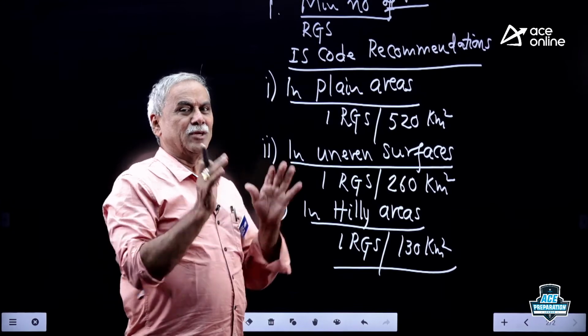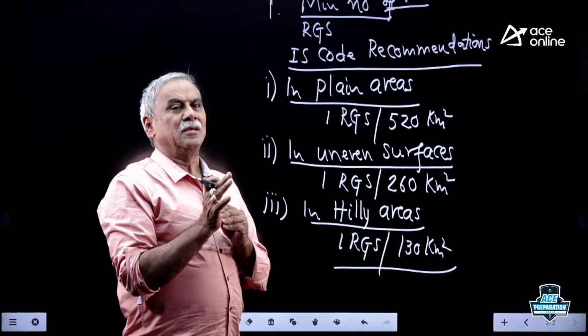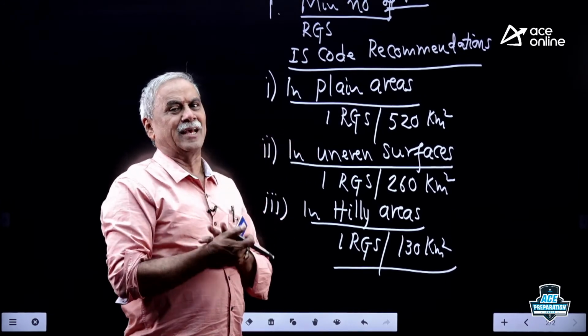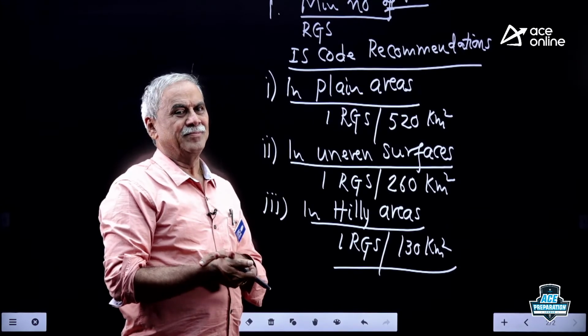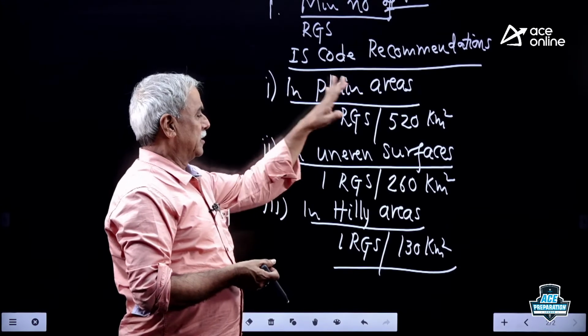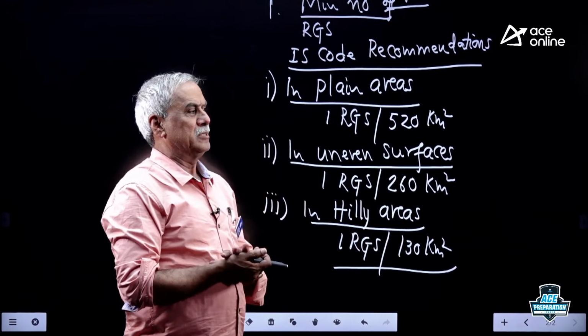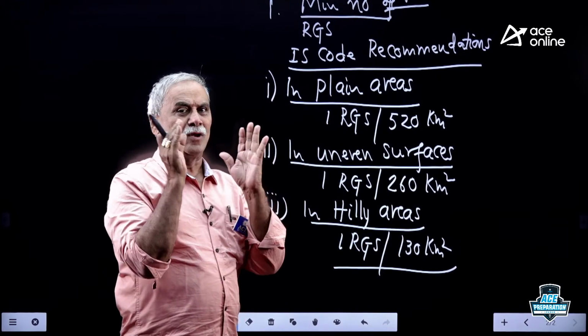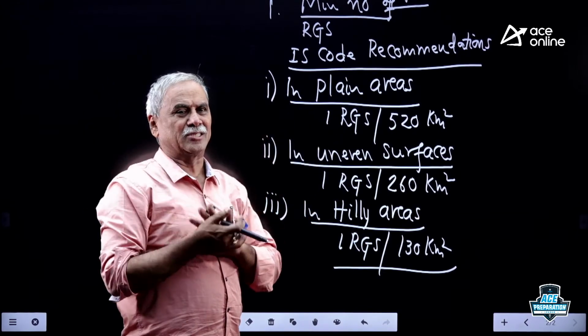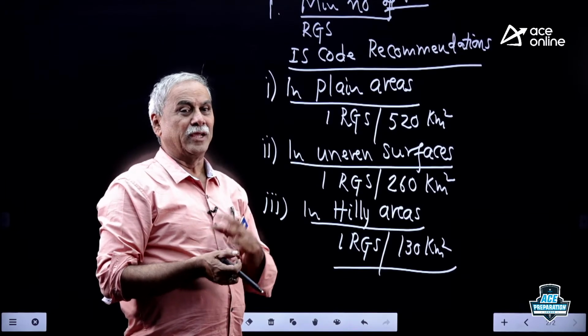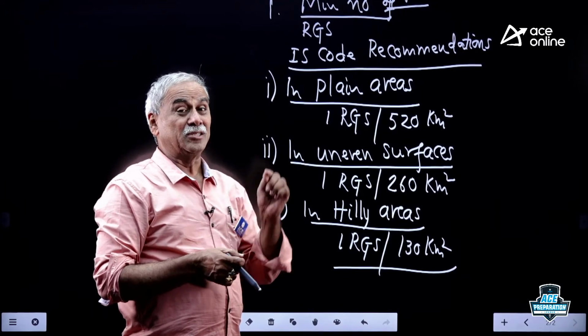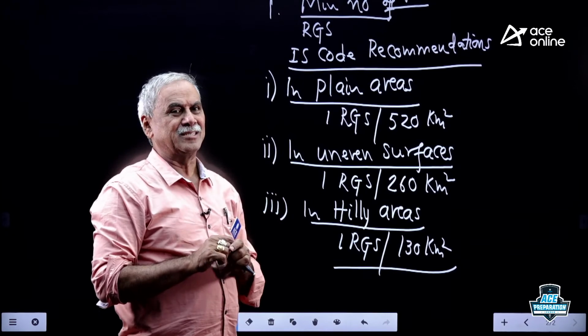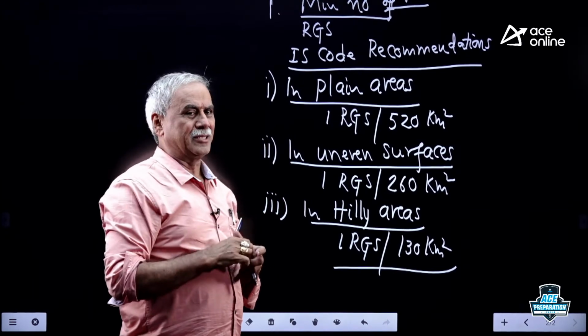That's why we must provide the rain gauge stations at as close distances as possible. Even though these are the minimum number of rain gauge stations, with the help of the rainfall data of the existing rain gauge stations, we can fix what is the optimum number of rain gauge stations. That area is commonly touched.